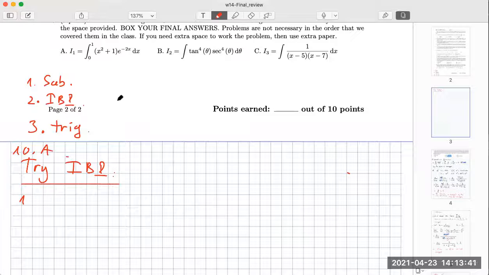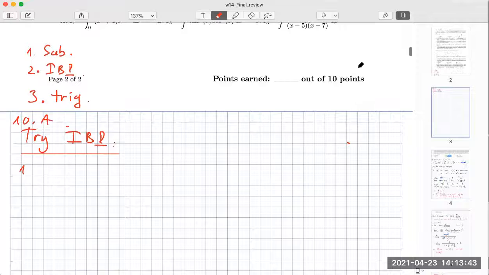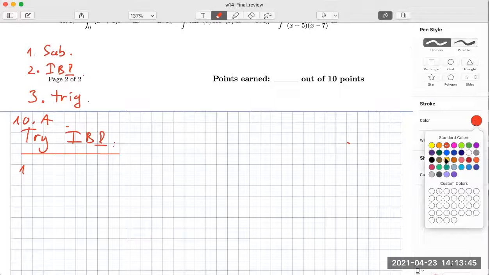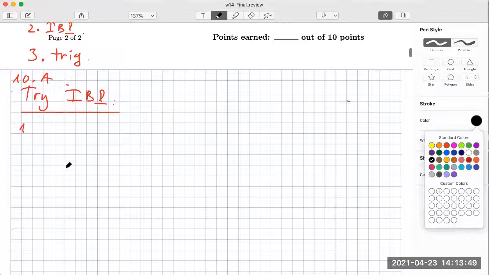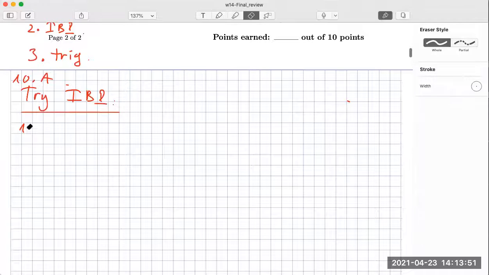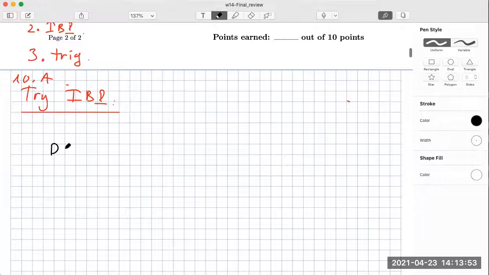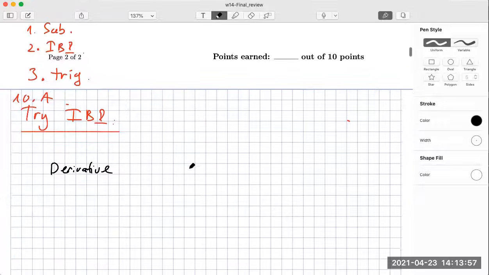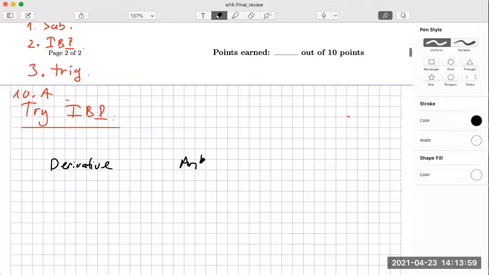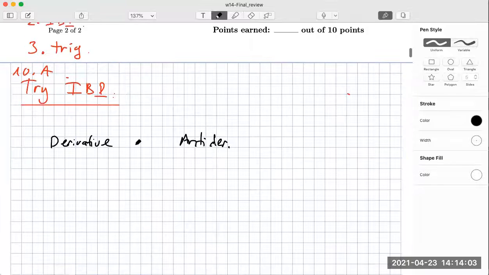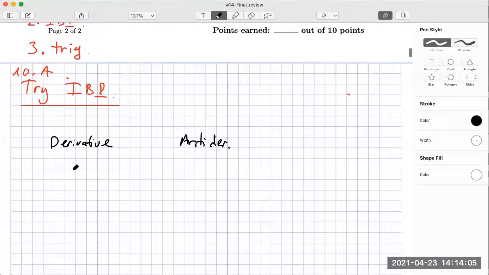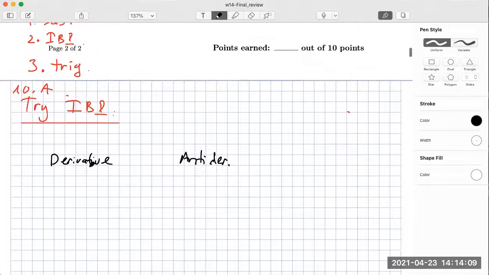Okay. So integration by parts, in order to do so, we should write two columns. The first column will be derivative, right? The second column will be antiderivative. It means that on the left, we take the derivative.